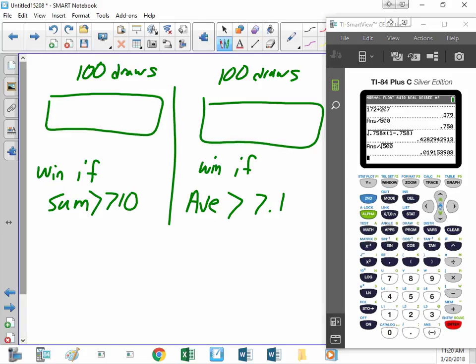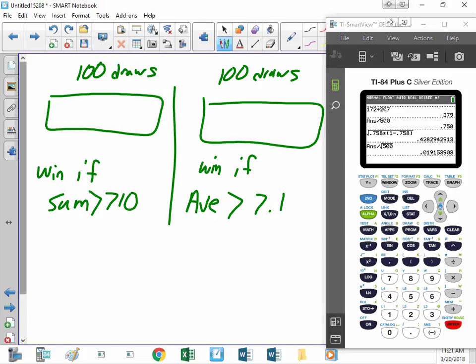What's the difference between the sum and the average? How do we turn the sum into the average? Divide it by the draws. We take the average. So we divide it by 100, and 710 divided by 100 is 7.1. Okay. So they're the same.